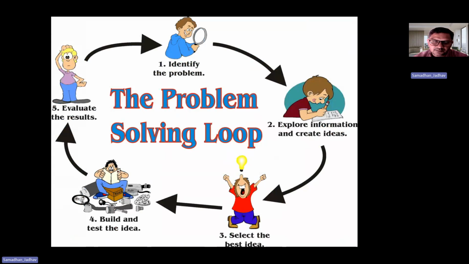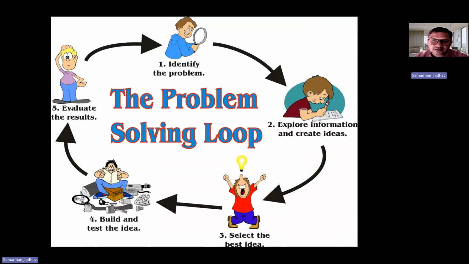And then after implementing that solution, we evaluate the results, whether what we have implemented really solved our problem, and even if the problem is solved, whether it is giving us the expected output or a quality output. So this is the process of problem solving.